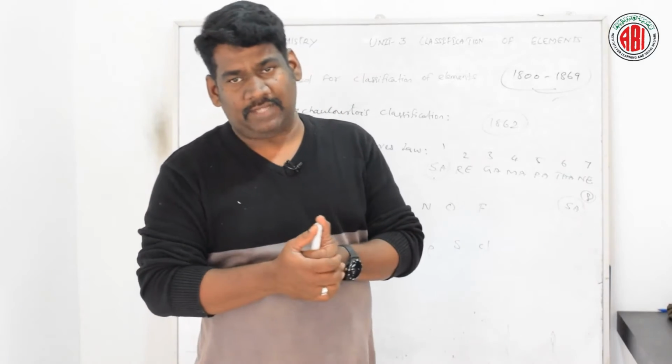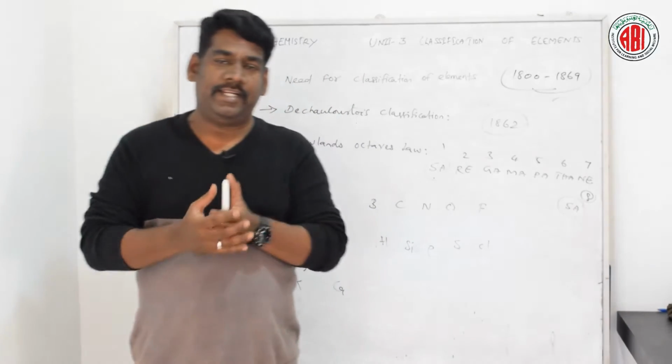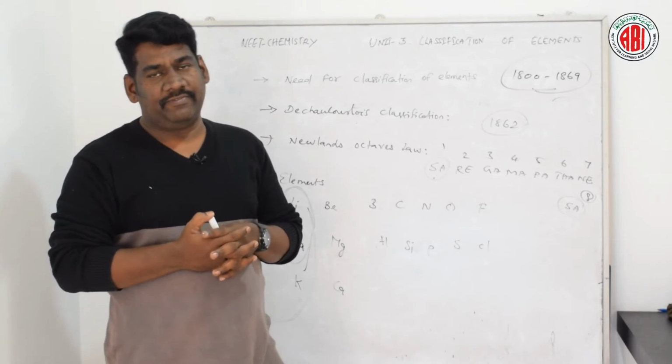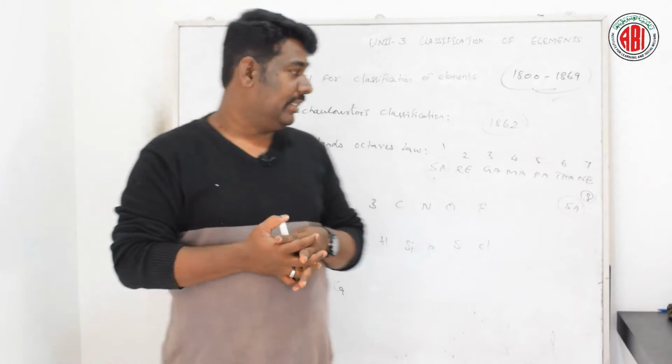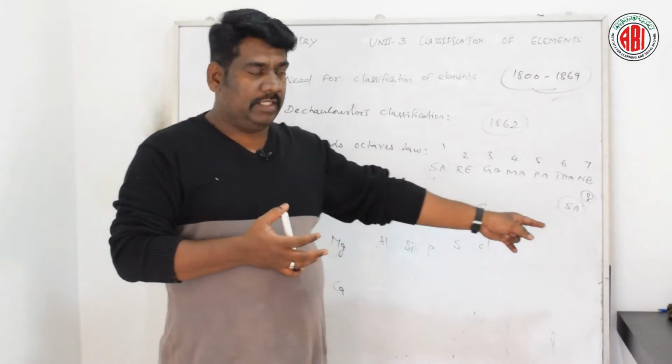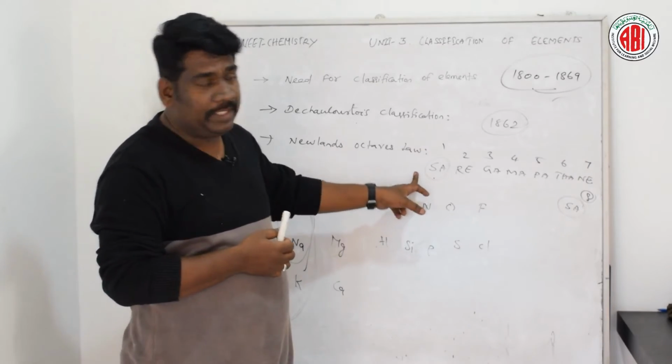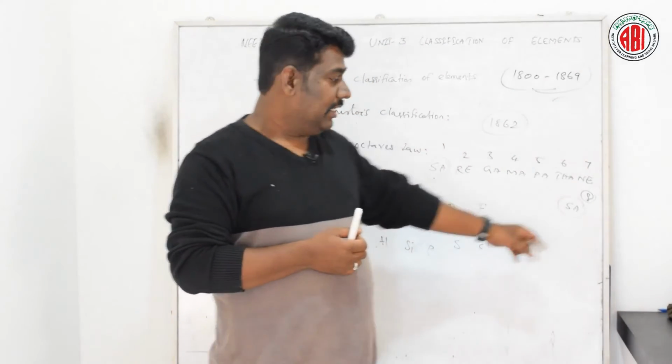This Newland's law of octaves explains in detail the arrangement of every element based on the musical note. In the musical note, we see the first letter repeating for every eighth letter.